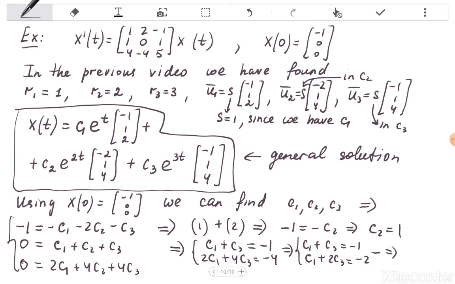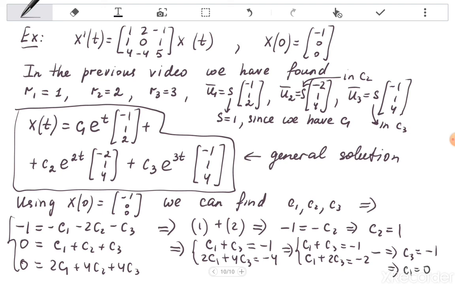So second minus first, we get immediately c3, minus 2 minus minus 1 is minus 1, so c3 is minus 1, and from any of these equations you can easily get that c1 is 0.